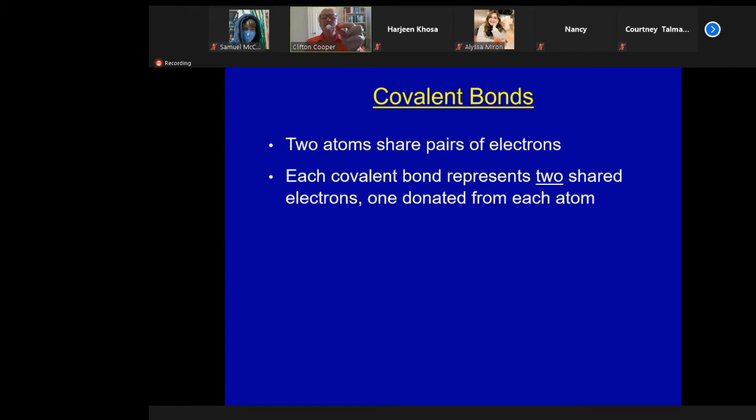The stick represents 2 shared electrons between these 2 atoms. One of the electrons came from each atom, and together that becomes a stable sharing arrangement.